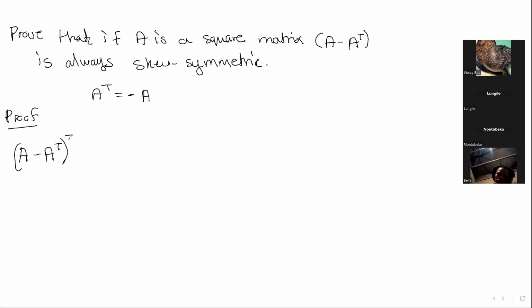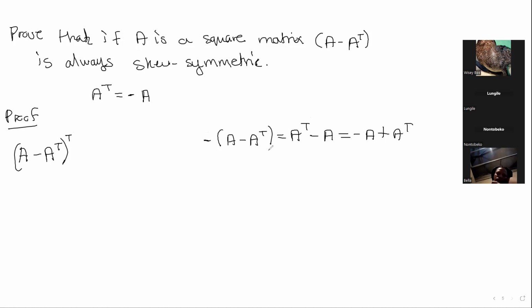We transpose it, and the answer we should get is the negative of A minus AT, which can be written as AT minus A, or minus A plus AT.